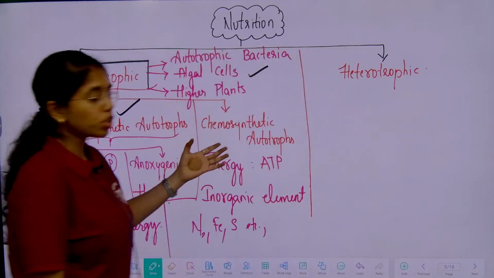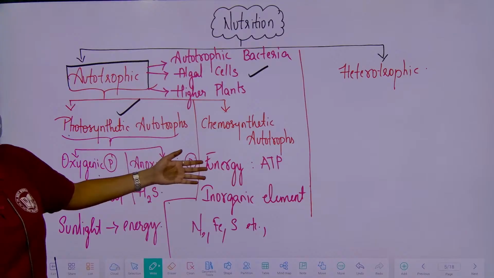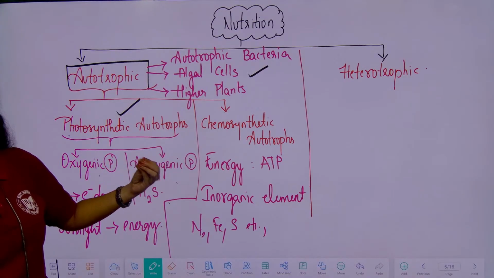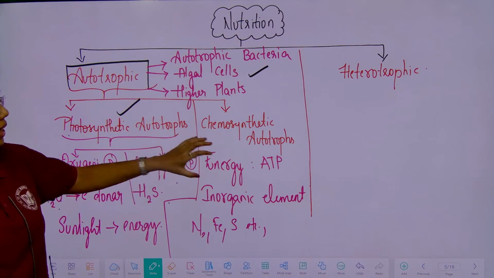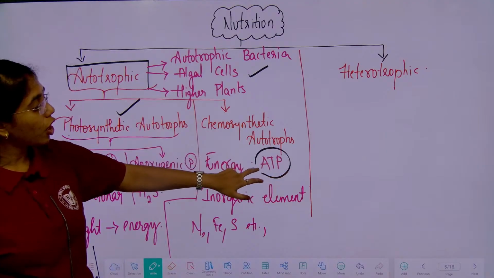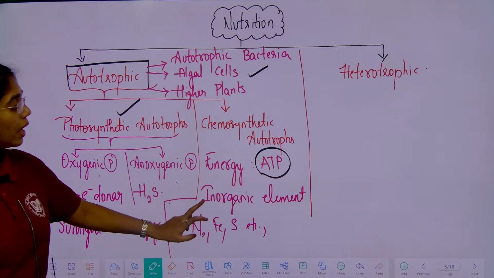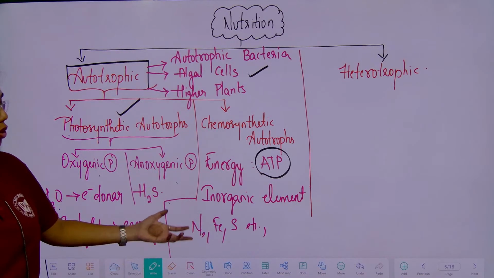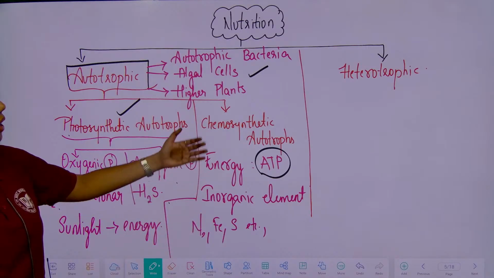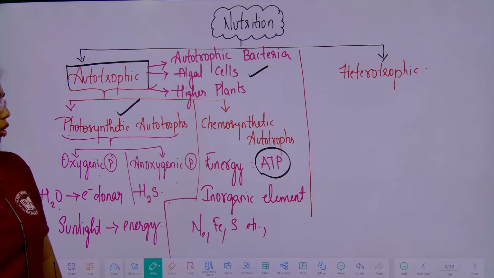Whereas in chemosynthetic autotrophs, the energy is ATP, which is chemical form of energy, and this energy is taken after oxidation of food materials. And then the inorganic elements like nitrogen, ferrous, sulfur will be there for chemosynthetic autotrophs.